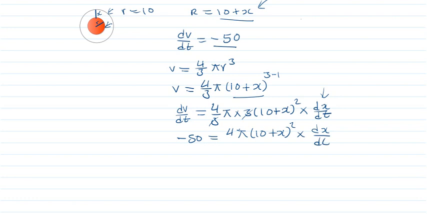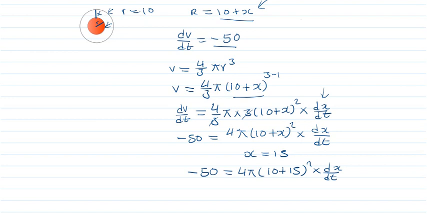We are also told that the thickness is 15 centimeters. So as it melts, it reaches the thickness of 15 centimeters. So what do we do? We put it in. So we have negative 50, which is equal to 4 pi (10 plus 15) squared multiplied by dx/dt.